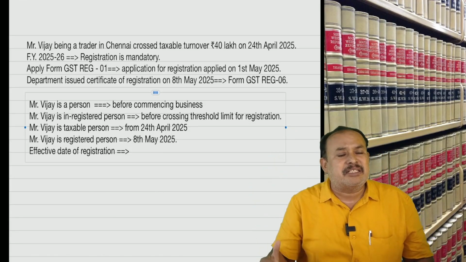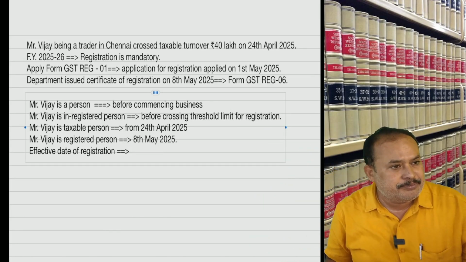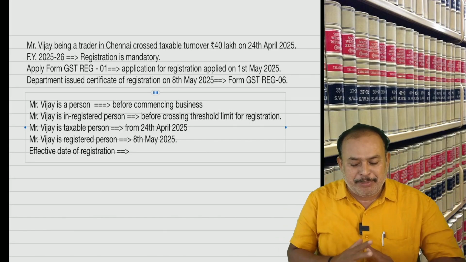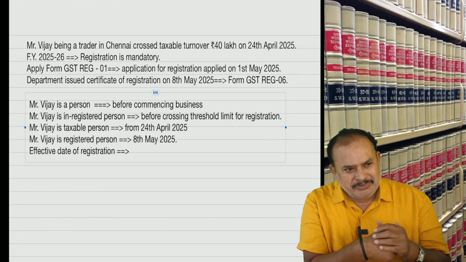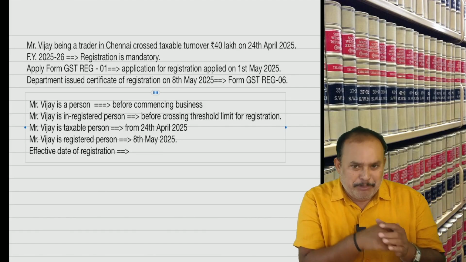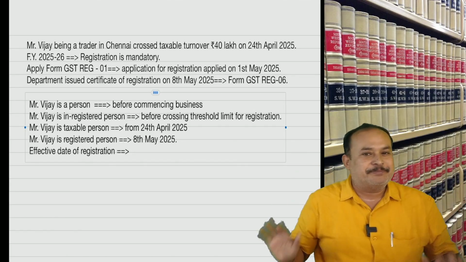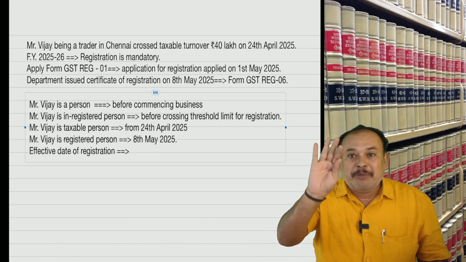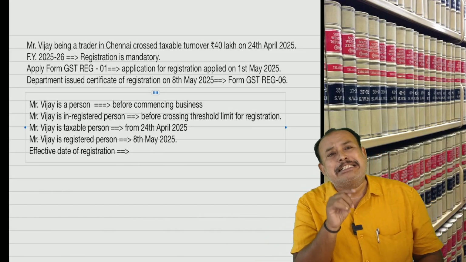From which date is the effective date of registration in the given example? 1st May. Why 1st May? Because you applied for registration. Sorry, incorrect answer. 8th May. That means 8th May is the effective date of registration.